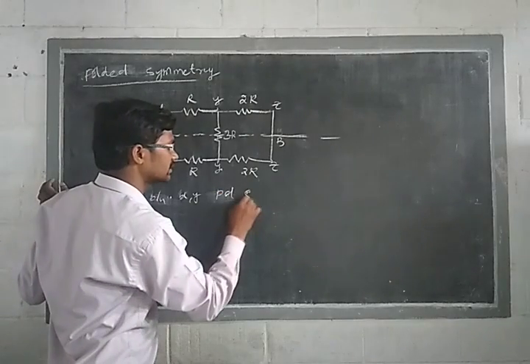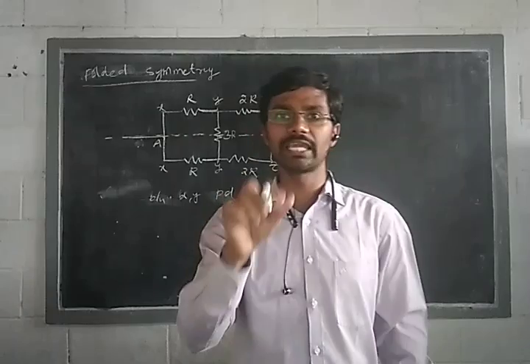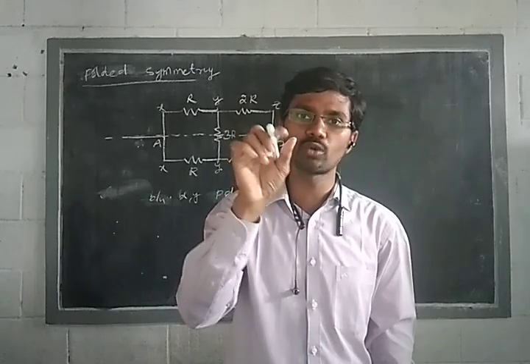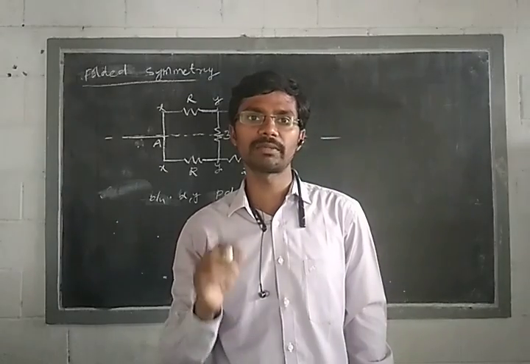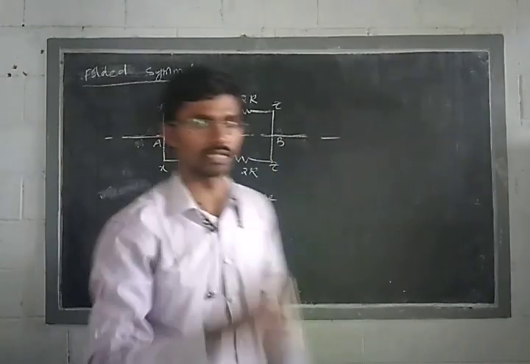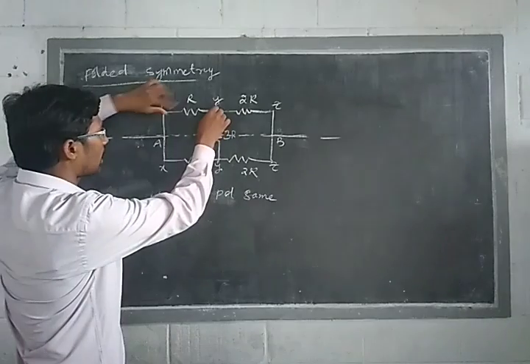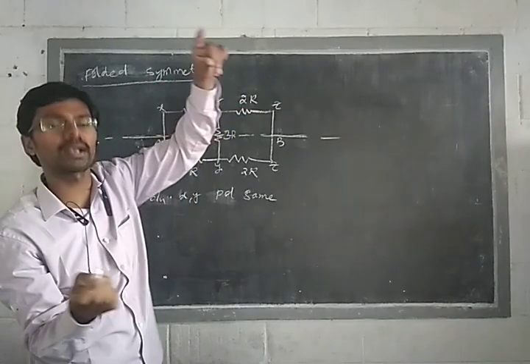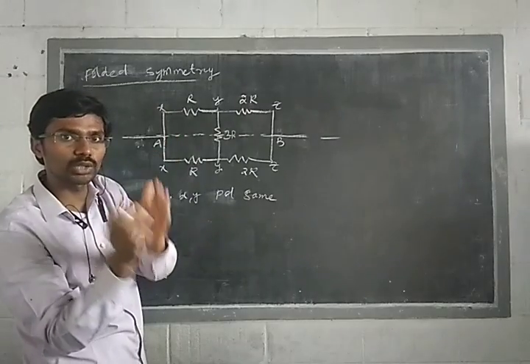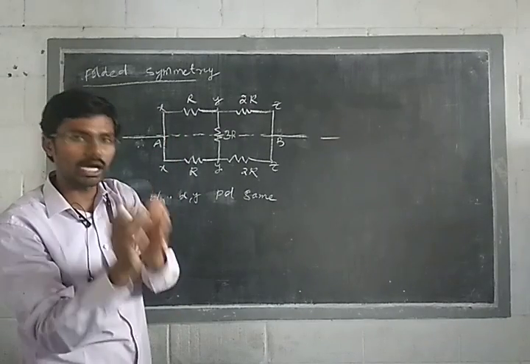Now remember, potential difference same means what would be the combination of those resistors? Very good, parallel. Then this resistance R and this resistance R are in parallel combination. In parallel combination, what is the equivalent resistance? R1 R2 by R1 plus R2.